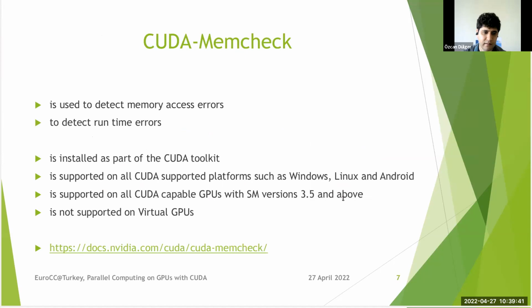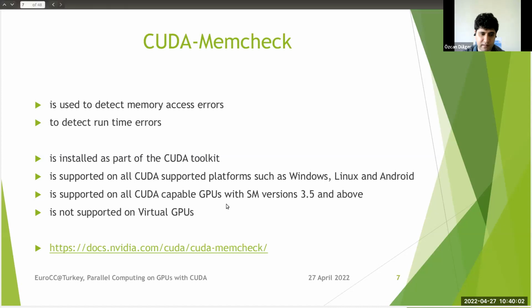It is installed as part of the CUDA toolkit, and it is supported on all CUDA supported platforms such as Windows, Linux, Android, and is supported on all CUDA capable GPUs with SM version 3.5 and above, but it is not supported on virtual GPUs.